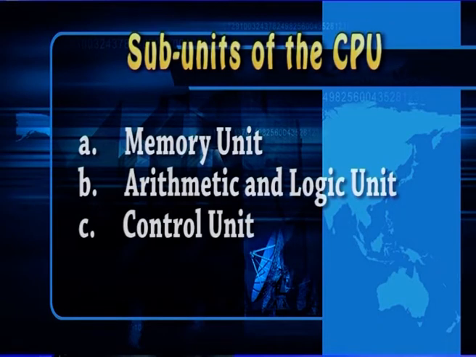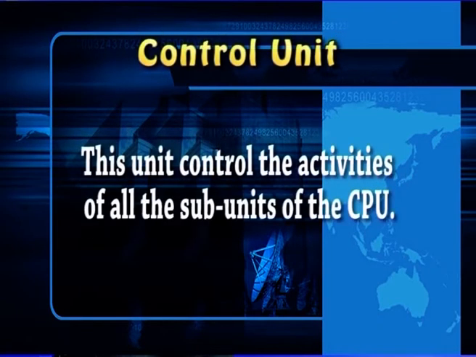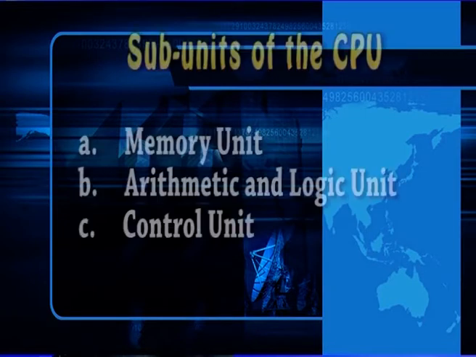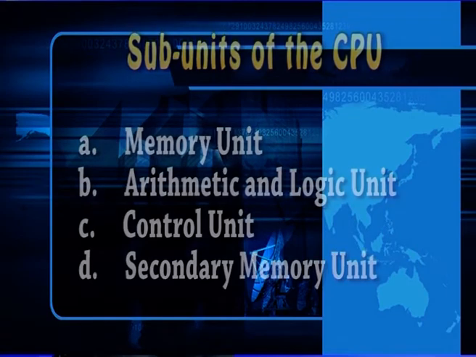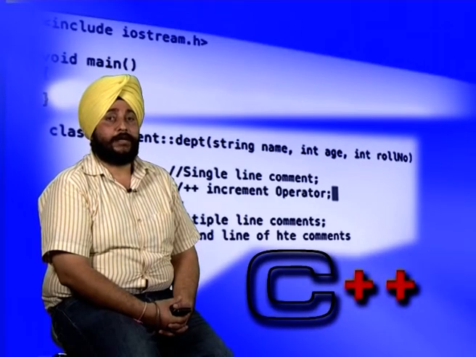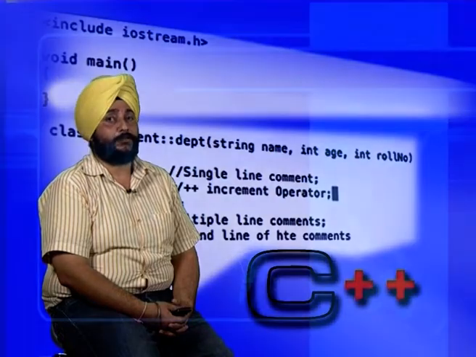Control unit. This unit controls the activities of all the subunits of the CPU. Fourth unit of the computer system is secondary memory unit, which is different from main memory subunit of CPU.